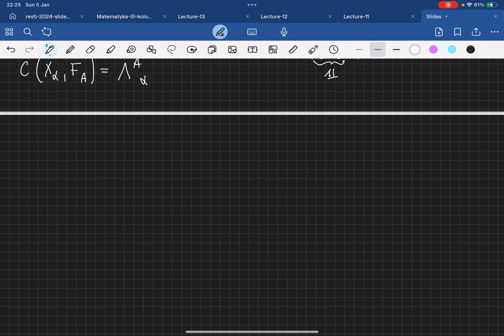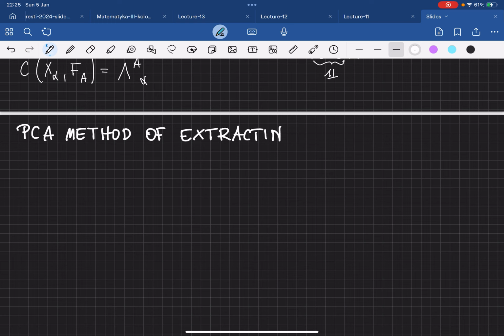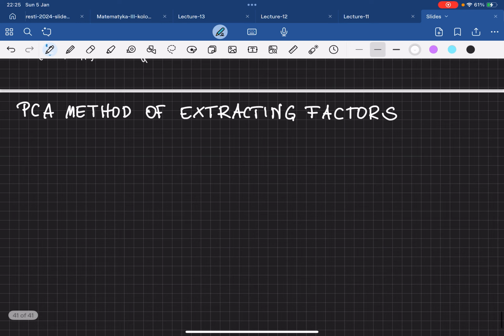So now we are passing to principal component analysis as a source of factors, so the PCA method. We start with sigma, which is a correlation matrix.